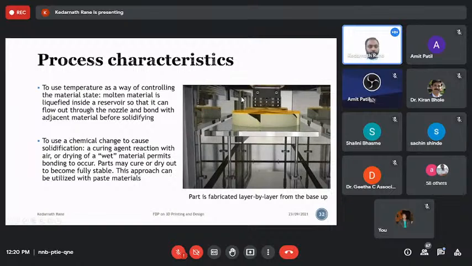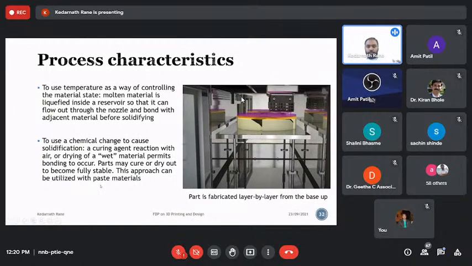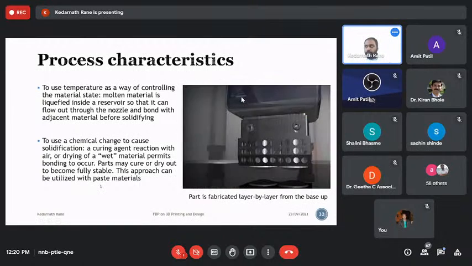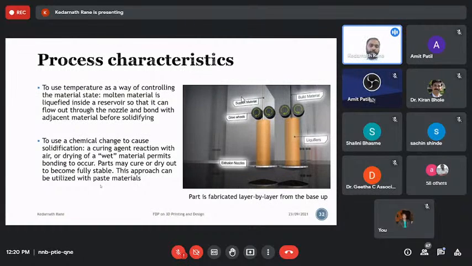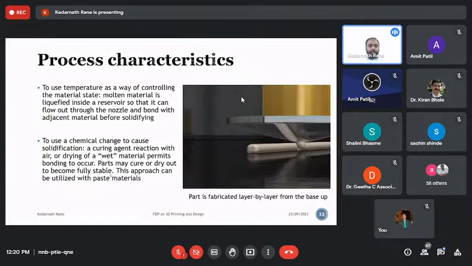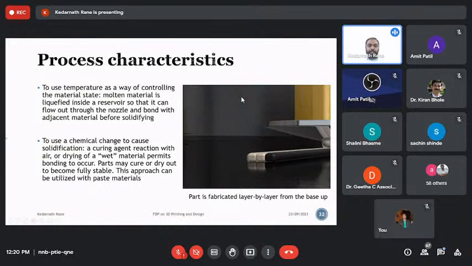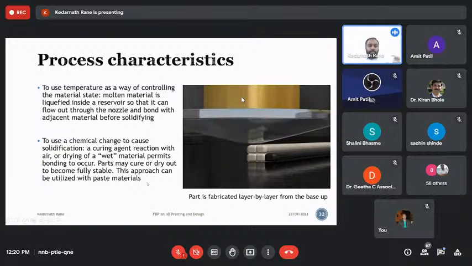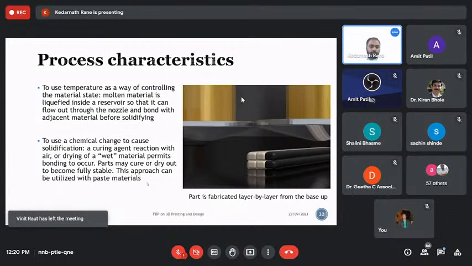Again, this approach is utilized for paste. Sometimes paste is applicable, sometimes granules, sometimes rods. So there are requirements, and it is not specific to a particular application.